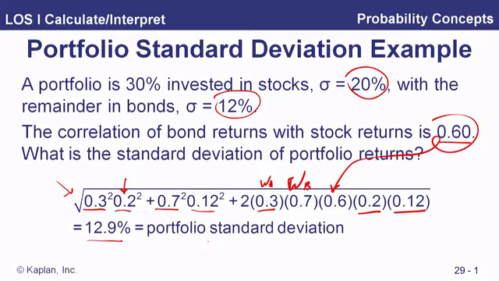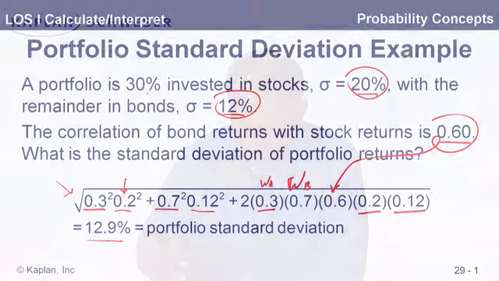And so that's pretty low. I mean, when you look, we've got 30% in the stock with 20% standard deviation, 70% in bonds with a 12% standard deviation. If we just took the weighted average of that, right, 30% of 20% is 6, and 70% of 12% is 8.4.